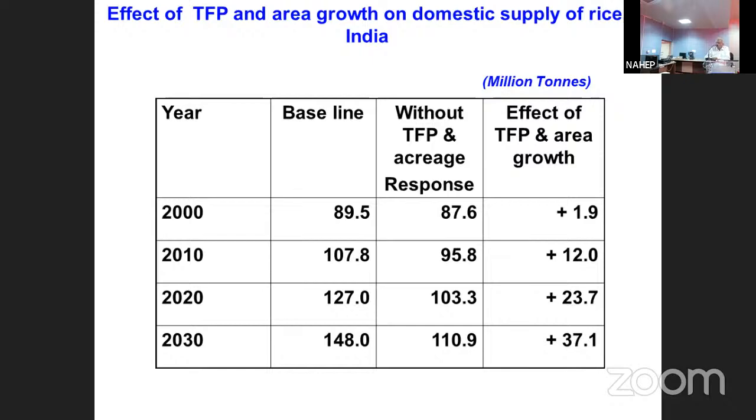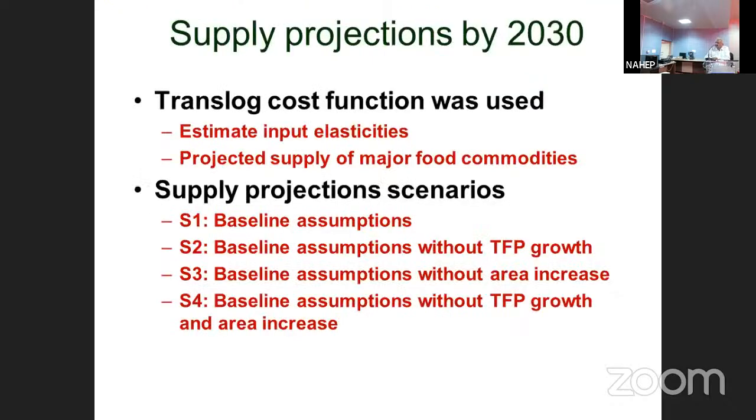So the third approach, which is most commonly being used, is the translog cost function. Here we can use the translog cost function. It is very widely being used at present, and it gives very authentic, systematic results on factor demand and output supply.